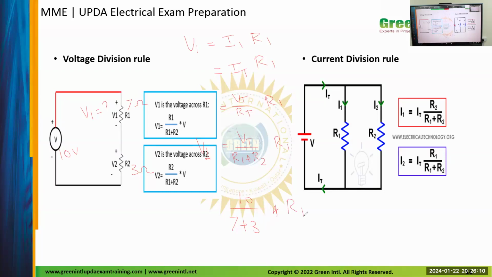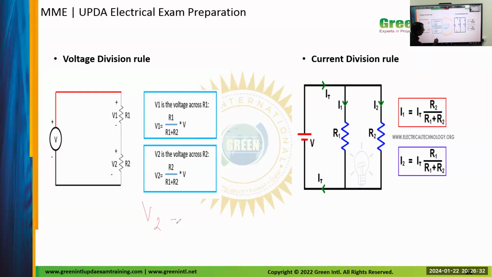Or simply, by using the voltage division rule, the voltage across a particular resistance is equal to the total voltage divided by the sum of the resistances, into that particular resistance, the same resistance. Suppose they ask for V2: V2 is equal to 10 divided by 7 plus 3, into the same resistance, R2, so 3.